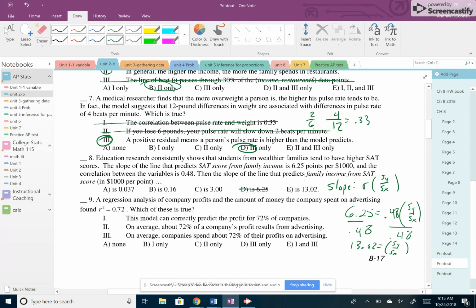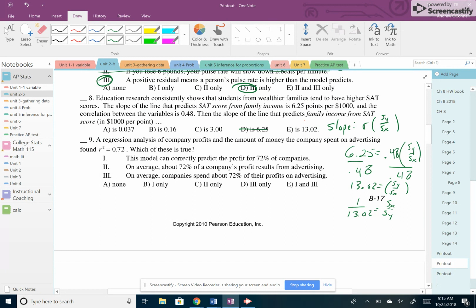But if you want to switch the variables, go ahead and switch that. If 13.02 is SY over SX, just do 1 over 13.02, and that will then be your SX over SY. Do that quick reciprocal magic, and 0.0768 is SX over SY.